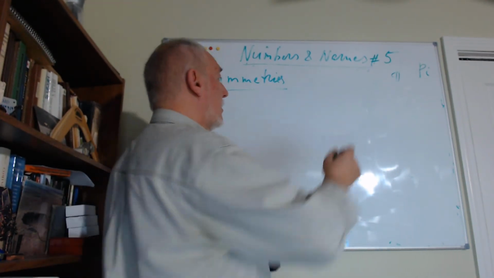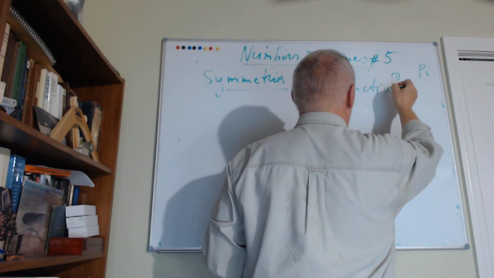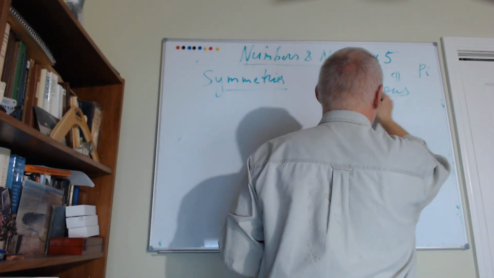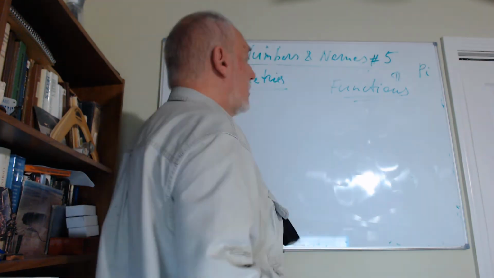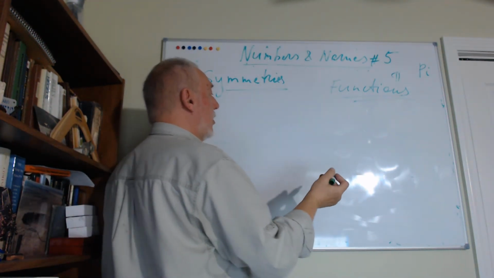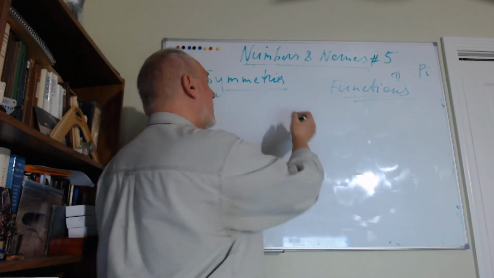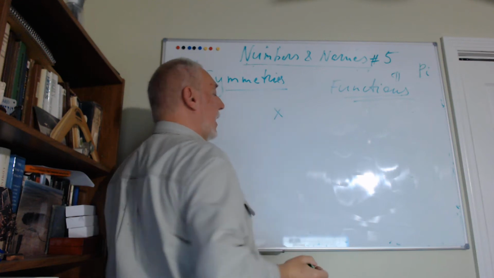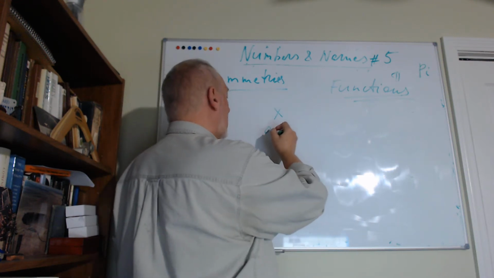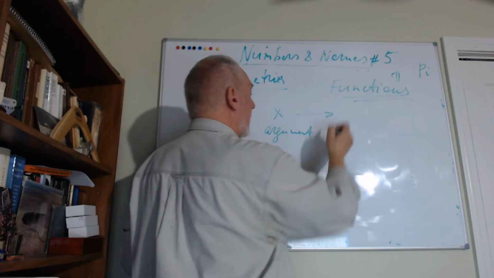I hope you heard about things that are called functions. Which ones? Linear functions or something else? Yeah, linear functions. Anyway, a function as a concept is some sort of machine that produces something from the variable, like x usually, which is called the argument.